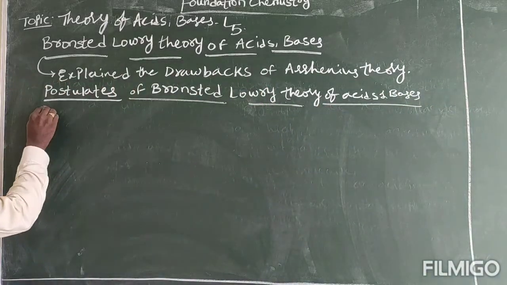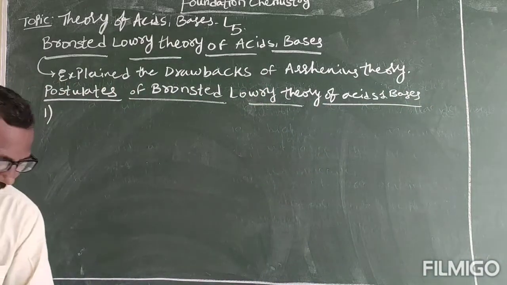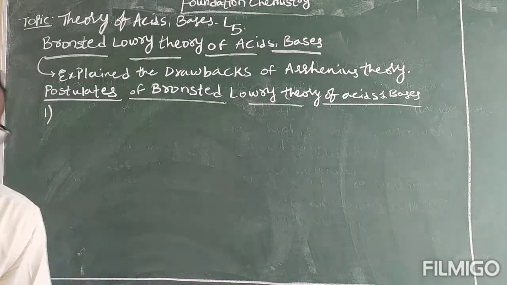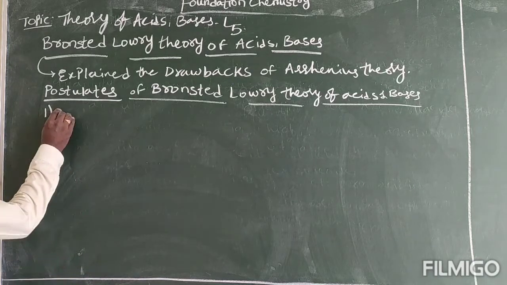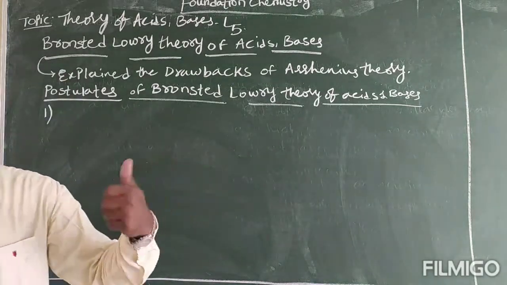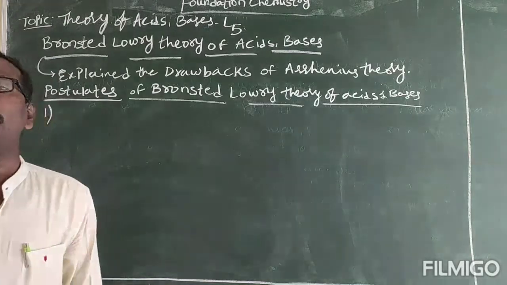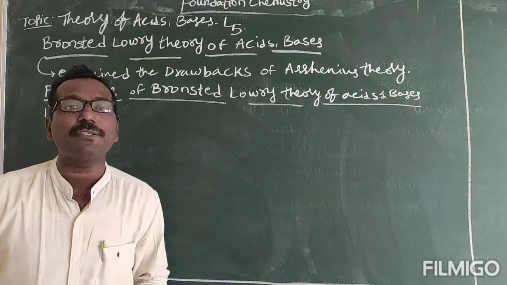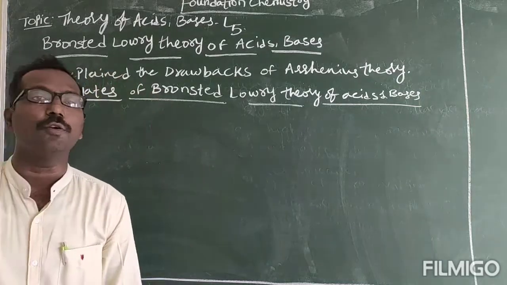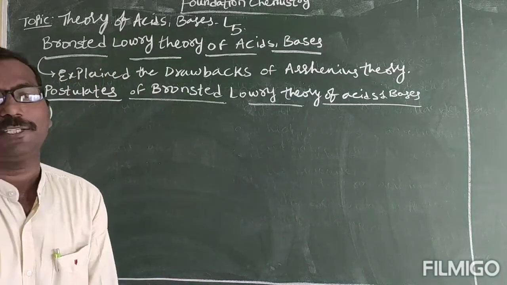He defined an acid as a proton donor. An acid is a substance that donates a proton, and a base is a substance which accepts a proton. He defined things based upon the proton, proton acceptor and proton donor. Proton means H+.